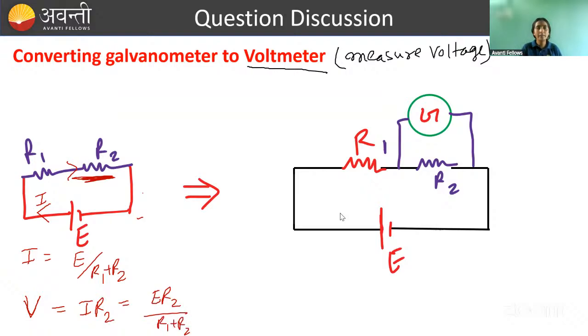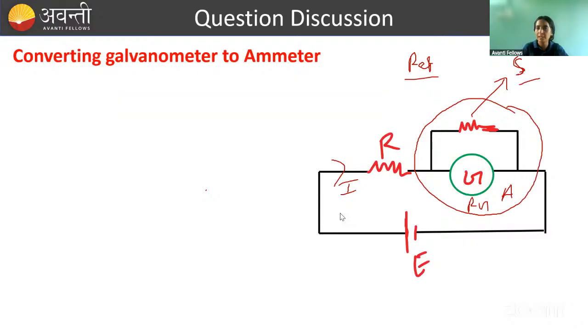Now what I did is I connected a galvanometer in parallel with R2, क्योंकि if you have to measure voltage across anything, you need to connect the device in parallel, because in parallel only voltage will be same. जैसे करंट को मेजर करने के लिए हमने अमीटर को कैसे लगाया? सीरीज में लगाया। We were measuring what? Current through R. We were measuring current through R. So we connected ammeter in series with R. Then only same current will flow through the ammeter.